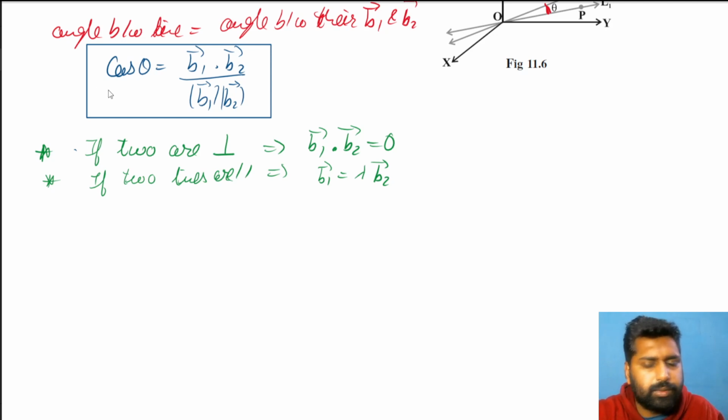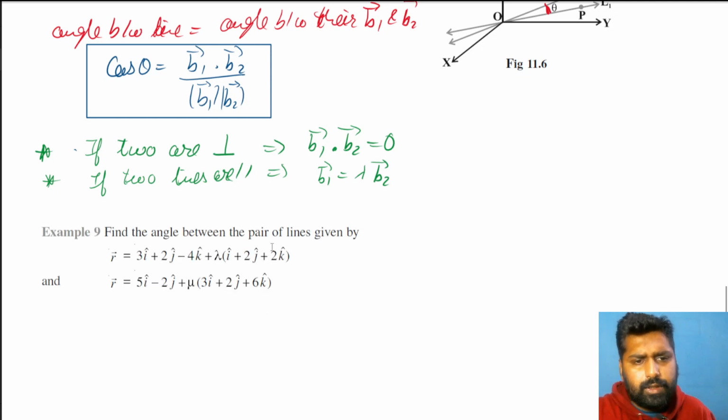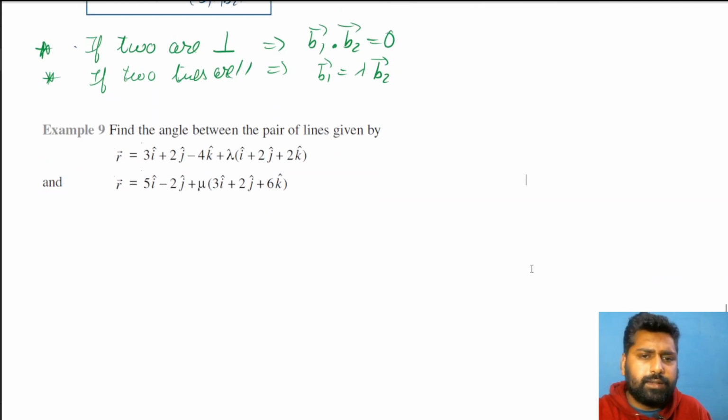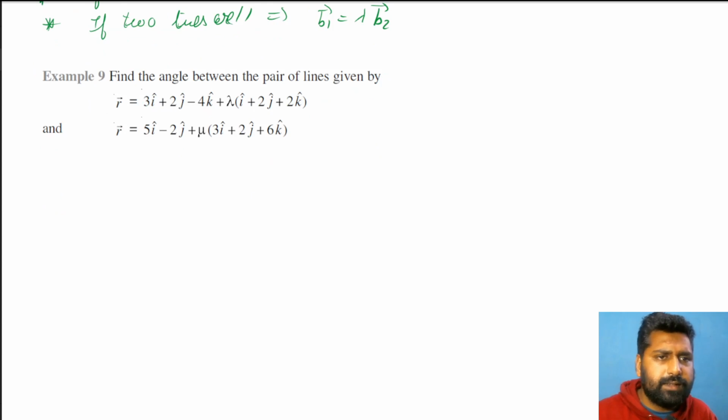Let's do a question. Look at this question. You have to find the angle between two lines. Two lines are given. Again, the first component is a passing point, no need for this.